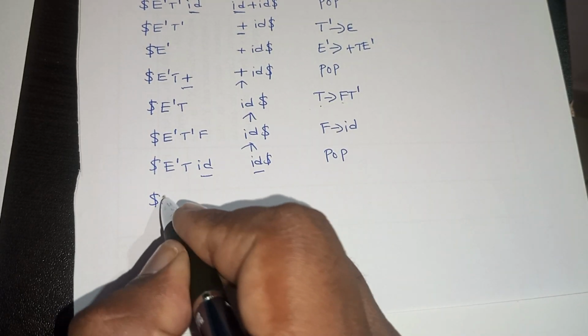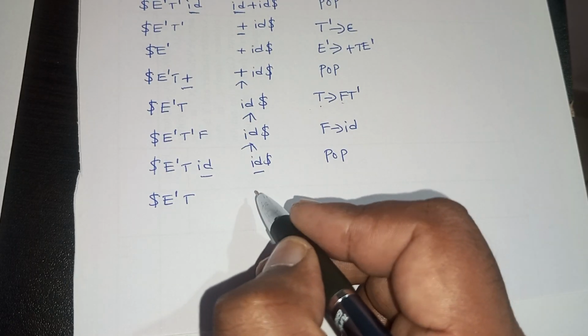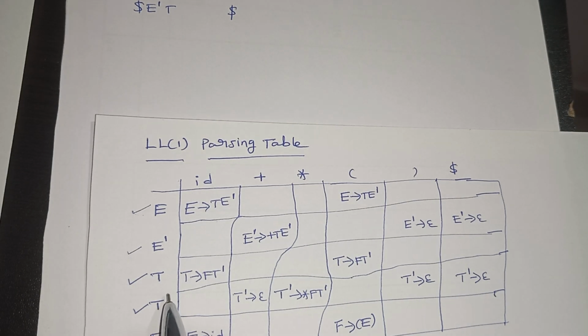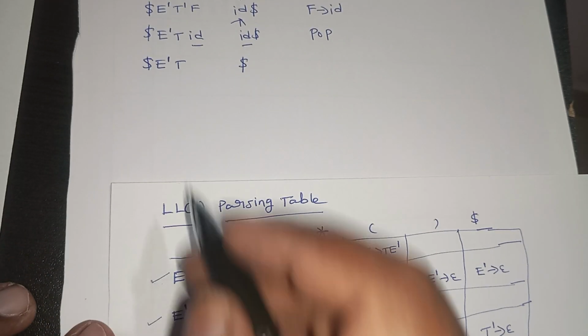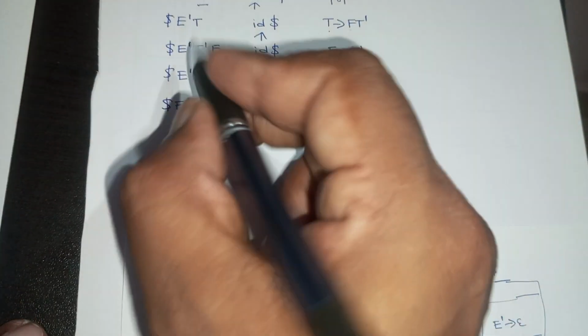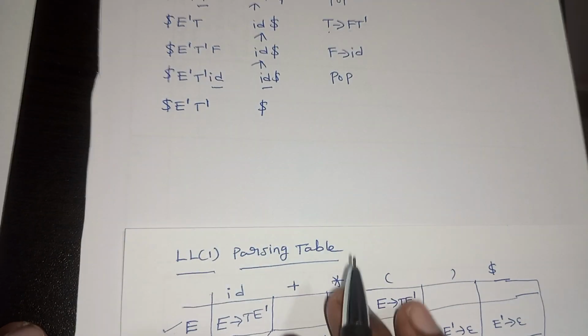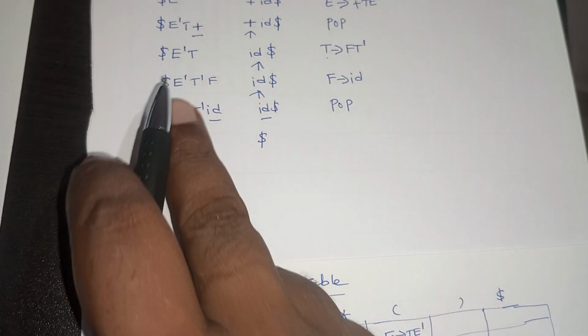Okay, pop action. Then what will be the output? So dollar e dash t dash, dollar. What is t on dollar? Sorry, it is t dash, not t.